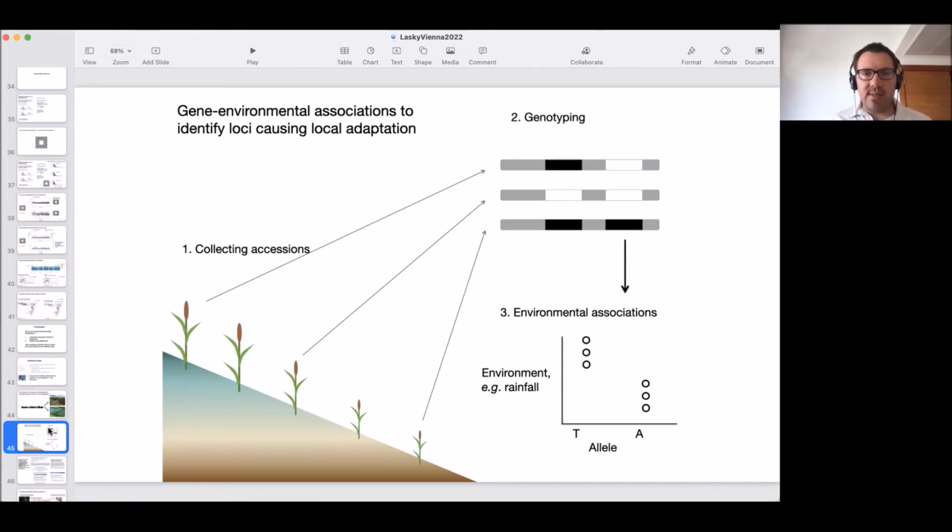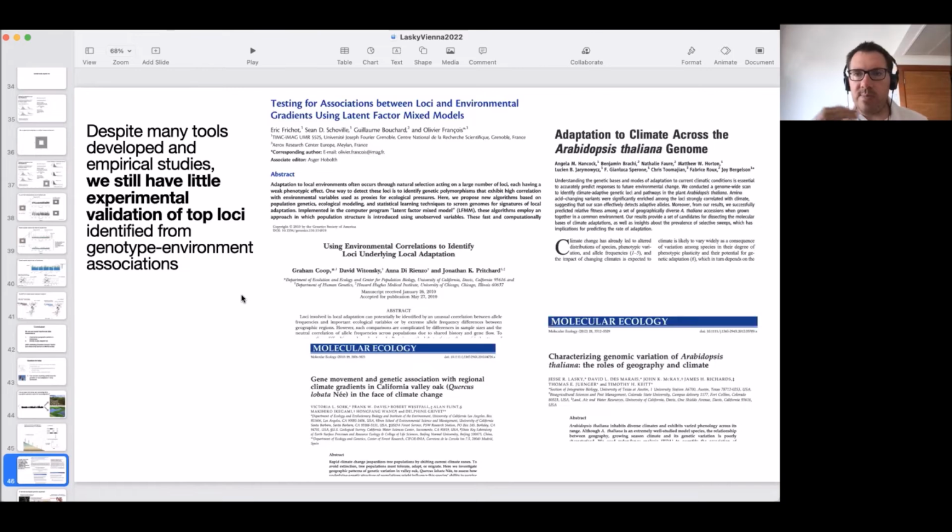In this case, if you're not familiar with this, what people do is you go out and sequence populations from different locations and then scan the genome for particular loci where you have an allele frequency correlation with environment. And that's putatively a pattern indicative of local adaptation. Now, people have been doing these genome environment associations for a while now, and there have been many methods published for these genotype environment associations and many empirical implementations of them.